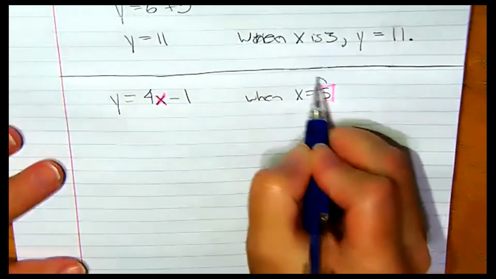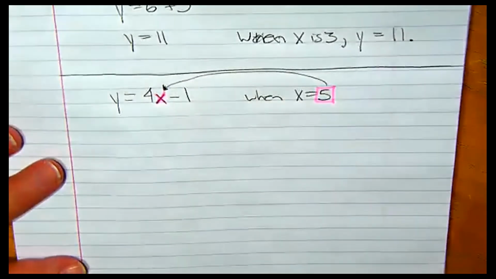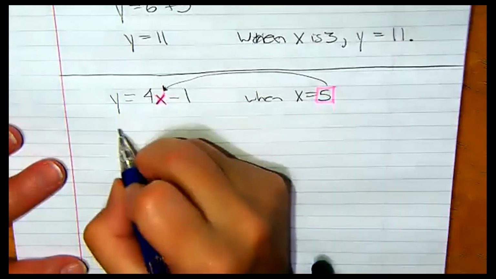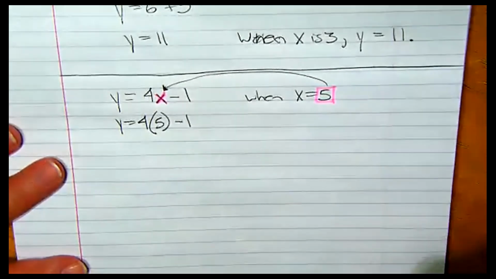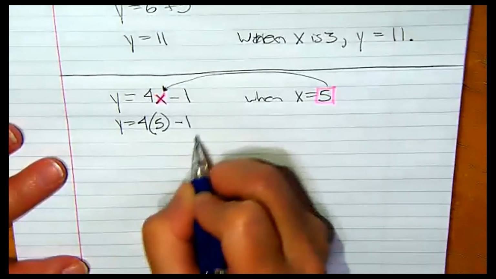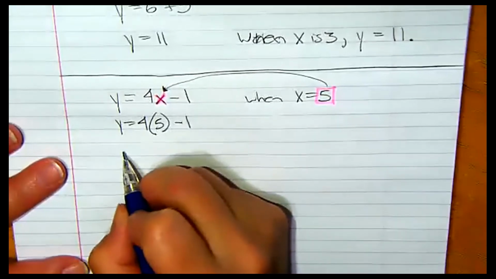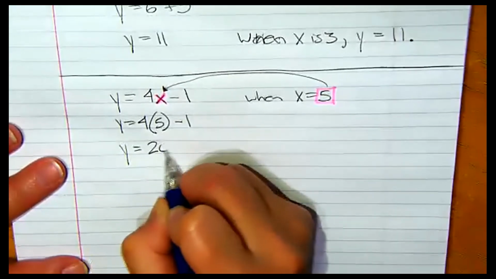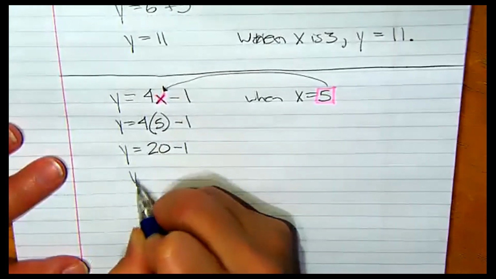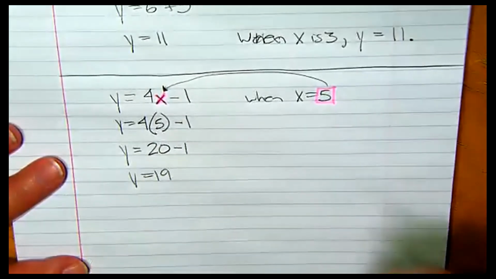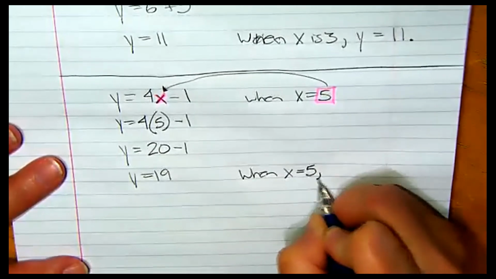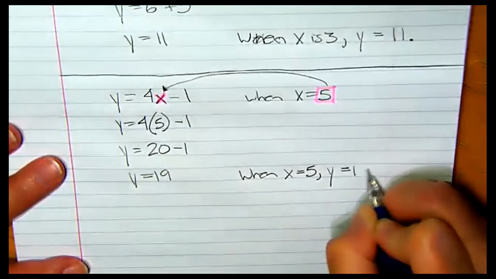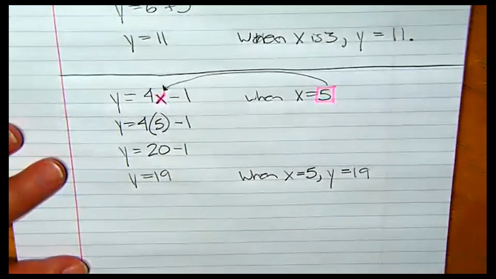So y equals 4 times 5 minus 1. Then I just follow the order of operations to solve. Y equals 20 minus 1. Y equals 19. So when x is equal to 5, y is equal to 19. Easy peasy.